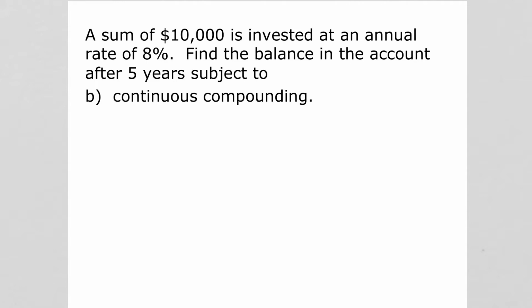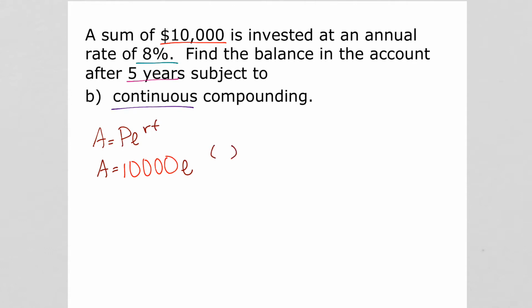And then for part B, we're going to do the same thing, but with continuous compounding. So again, $10,000 at 8% interest for 5 years. I'm trying to use the same colors. And we're using continuous compounding. So this time we're using A equals P e to the rt. The principal is still 10,000. r is 0.08.